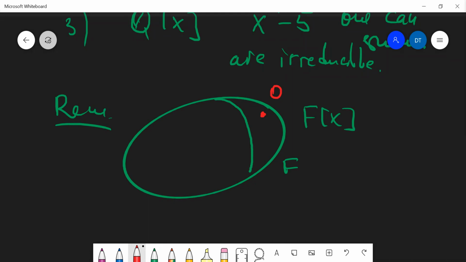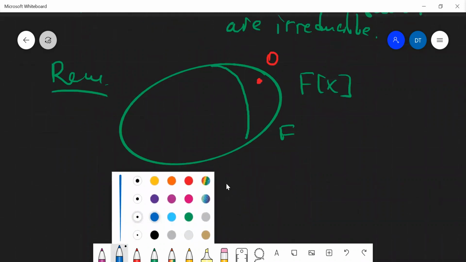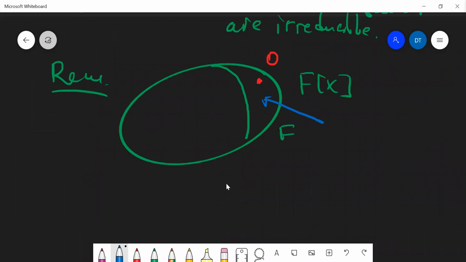All the other constants have the degree 0. So non-zero constant polynomials are just invertible polynomials, and non-constant polynomials are just non-invertible polynomials. So this set without 0 is F star. This is the set of invertible polynomials.